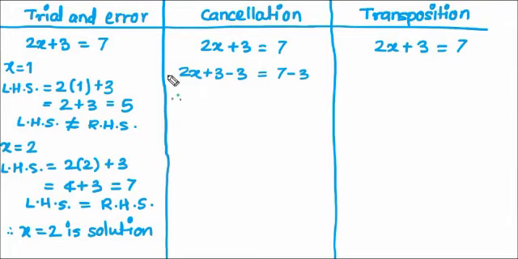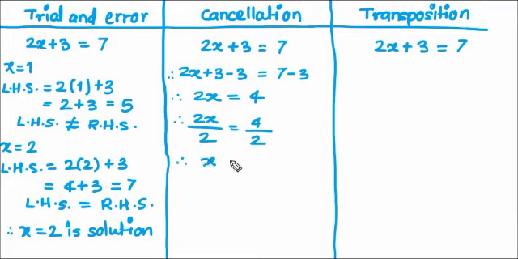So here we get 2x, because plus 3 minus 3 gets cancelled, and here we get 4. Now I want to get rid of 2, so that just x remains, so I have to divide by 2. Therefore 2x divided by 2 is equal to 4 divided by 2, because I also have to perform the same action on this side. Which gives me x is equal to 2.